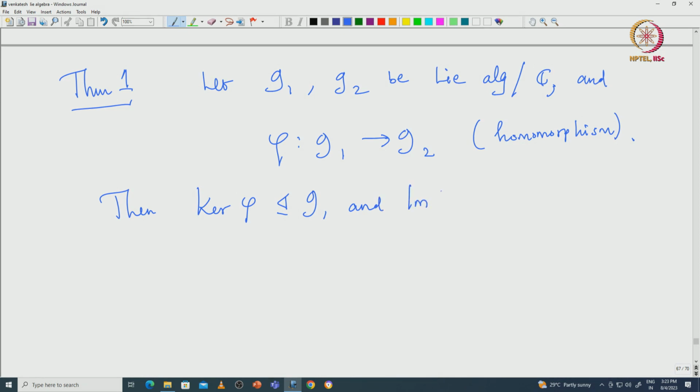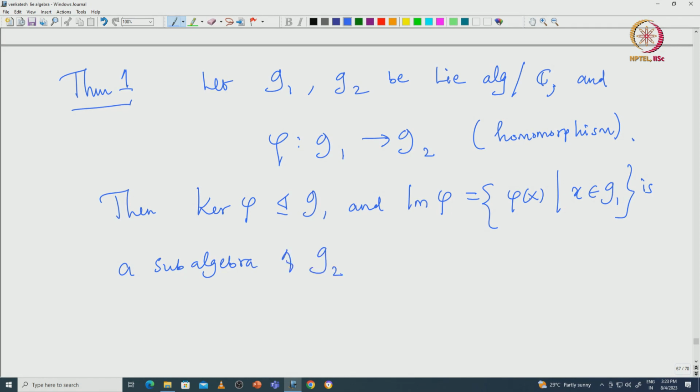the image of phi, which is the set of phi of x with x coming from G1, is a subalgebra of G2.